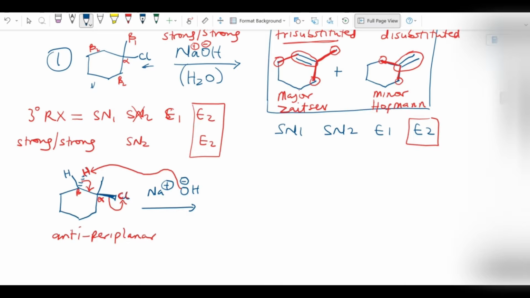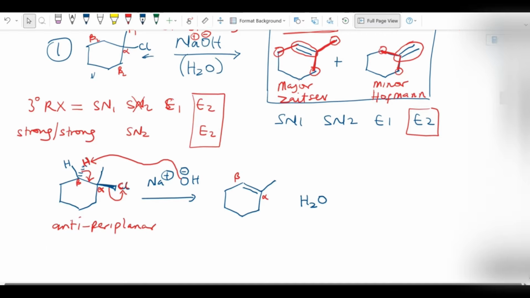All right, so when the base pulls that proton, then a double bond will be formed between the beta carbon and the alpha carbon. This beta and this alpha carbon. And when the base pulls that proton, the base will form the conjugate acid of the base, which is water in this case.